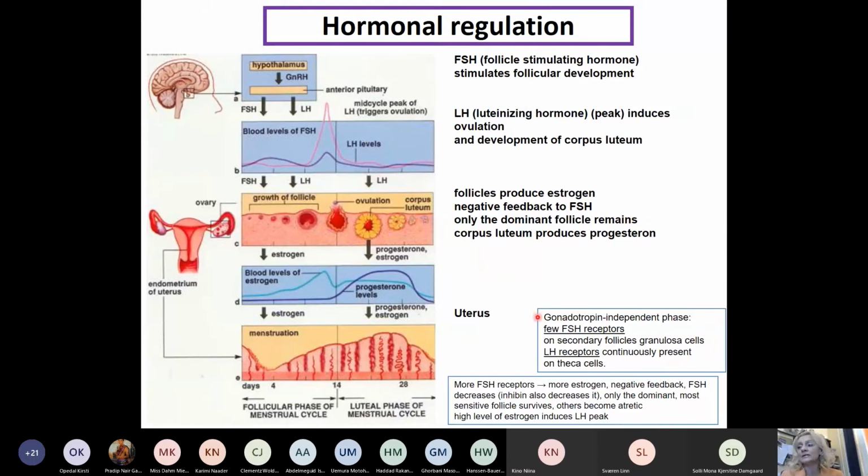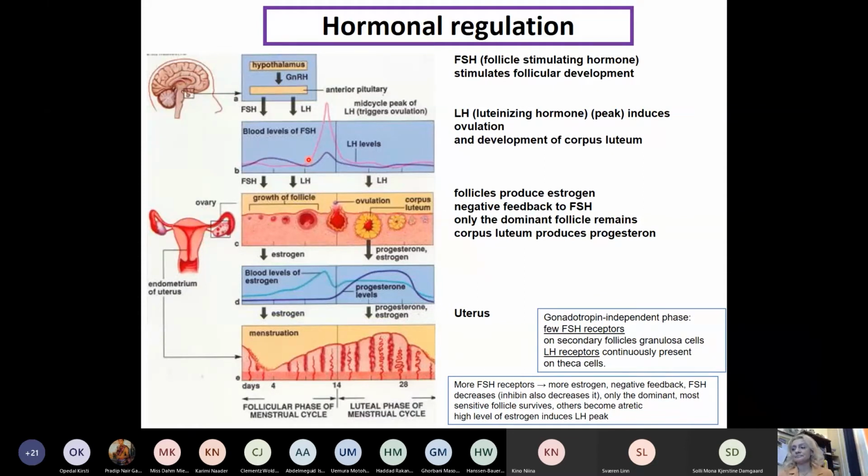They grow independently of all these gonadotropin effects. So this is called the gonadotropin independent phase, when we have few FSH receptors. There is estrogen produced by the developing follicles, and there is negative feedback. So first it goes up, and then because of the negative feedback, it goes down.